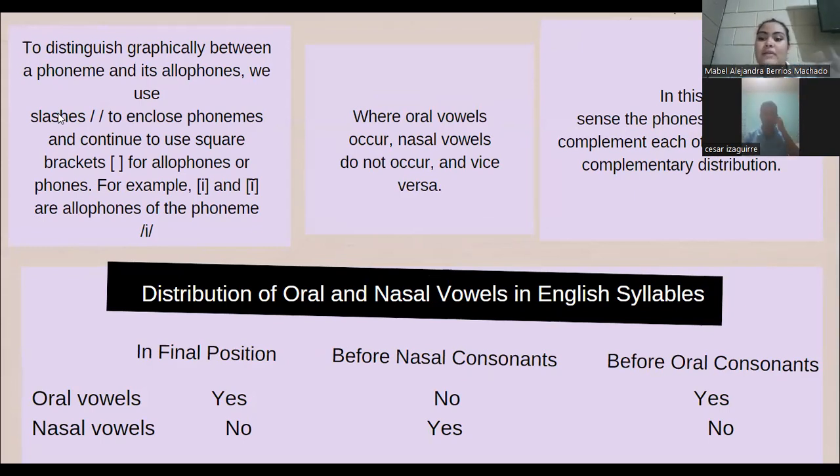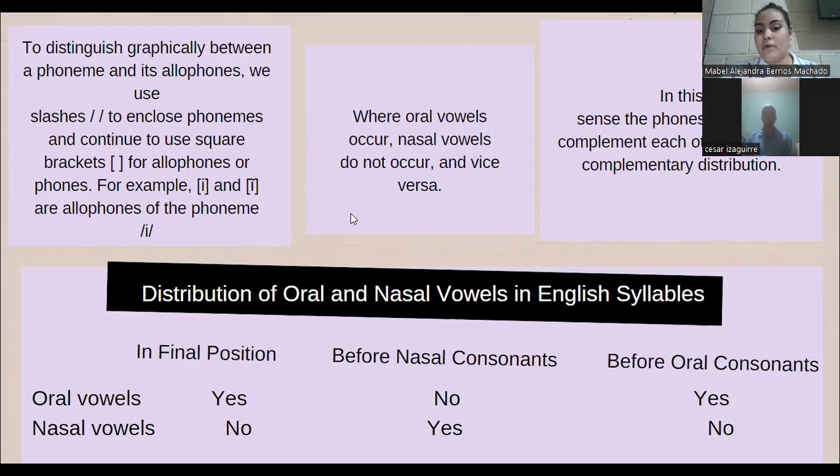This is the form we use to differ between the representations. When we talk about phonemes, we use slashes to enclose phonemes and continue to use square brackets for allophones or phones. For example, here we have two different sounds with brackets, and here we have the E sound with brackets, and the phonemes with slashes.